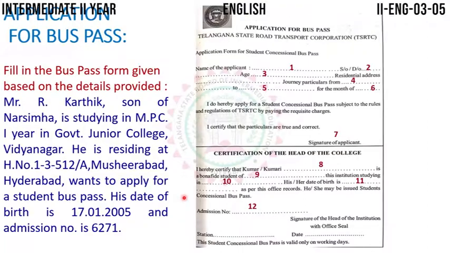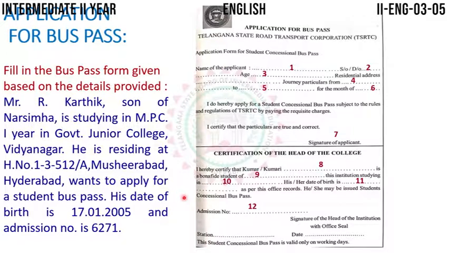Next, the last one is the application for a bus pass. Mostly the students, especially in +1, +2 or degree onwards, the students in the city use city route buses.